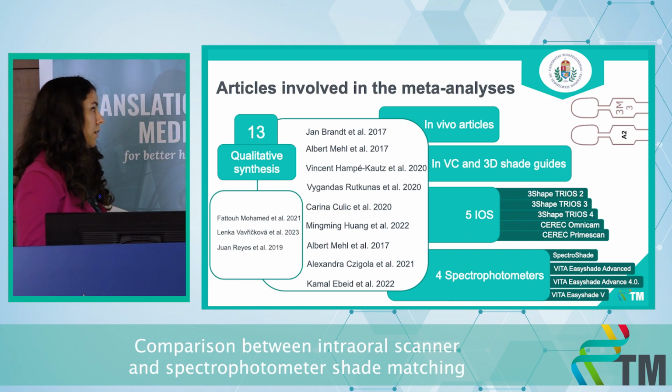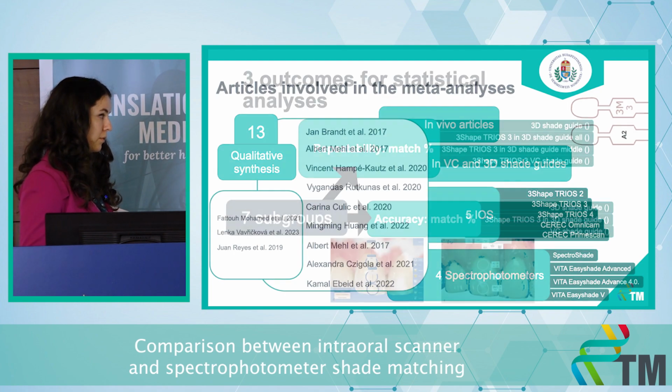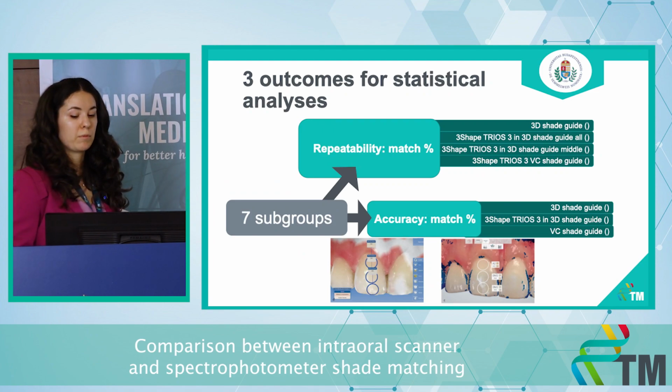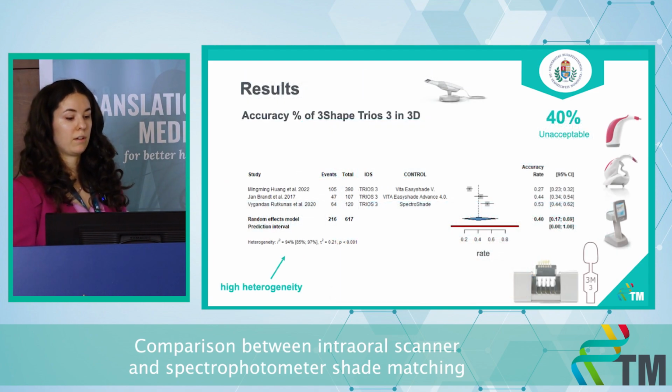These are all in vivo studies which are investigating Vita classical and 3D Master shade guides, and use 5 different intraoral scanners and 4 types of spectrophotometers. And we had several subgroups for the statistical analysis.